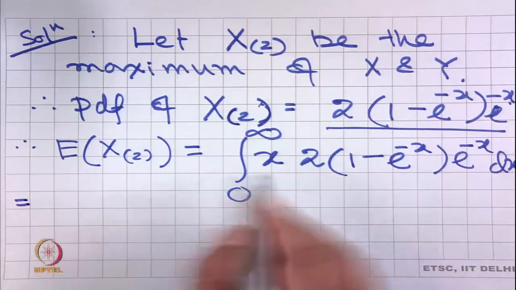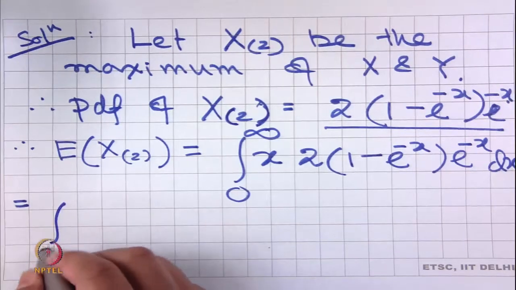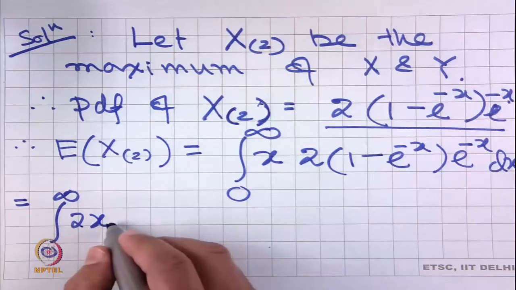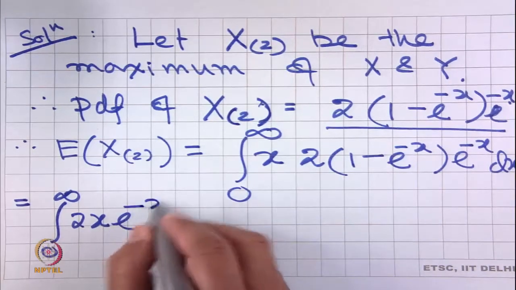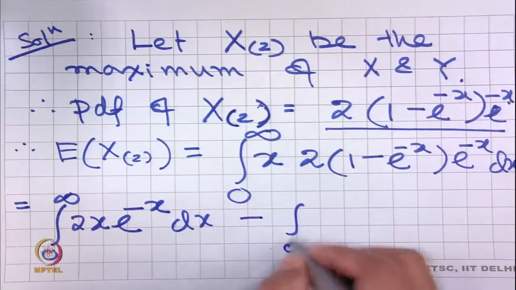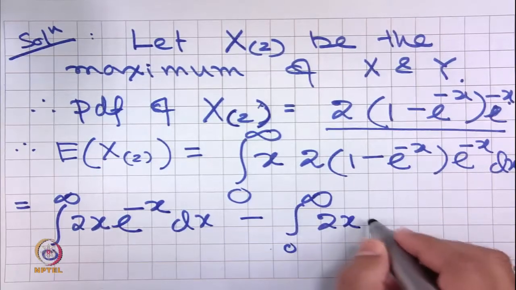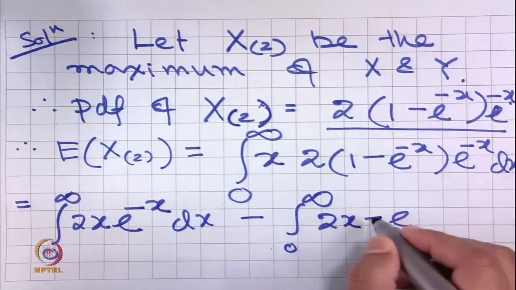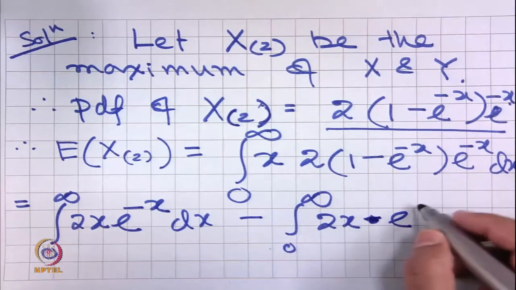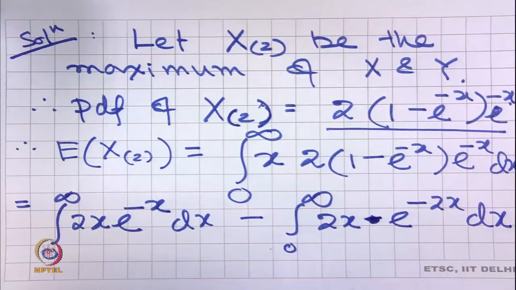Now, we can split it into two parts: integration 0 to infinity 2 x e to the power minus x dx, minus integration 0 to infinity 2 x e to the power minus 2 x dx.